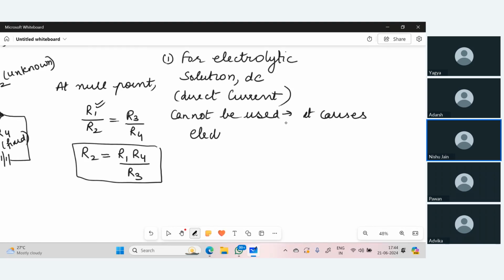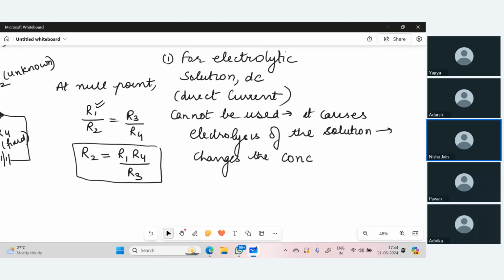Electrolysis means breakdown of the solution, which changes the concentration of the electrolyte near the electrode.